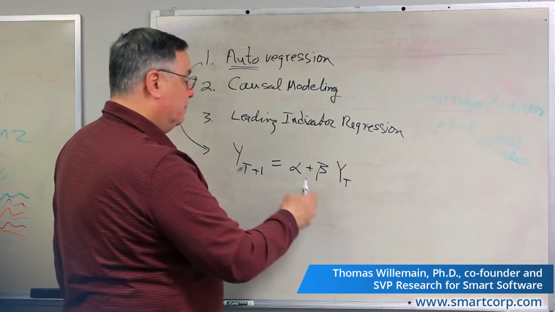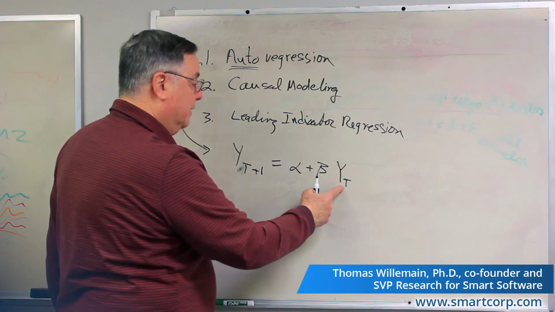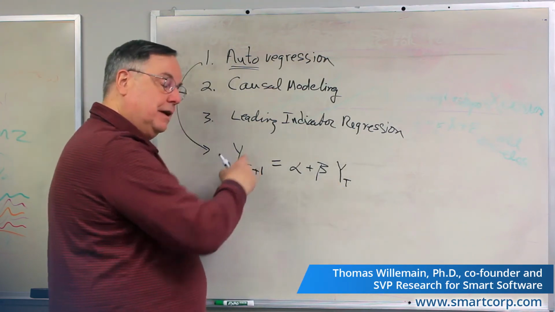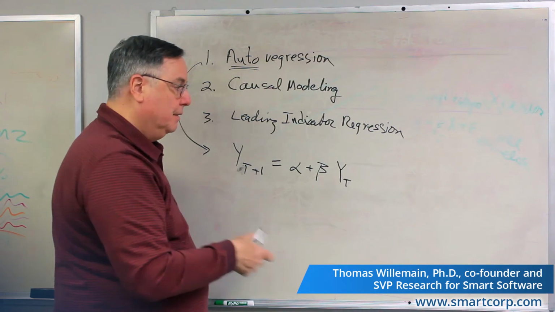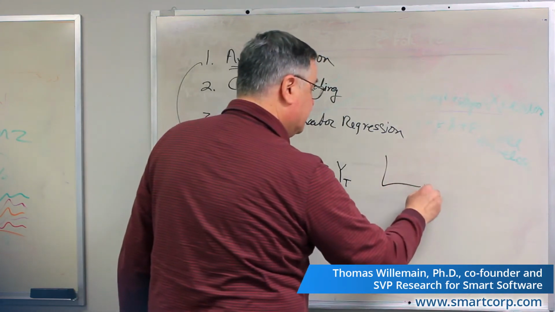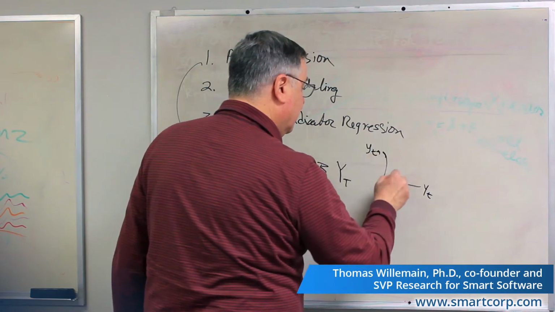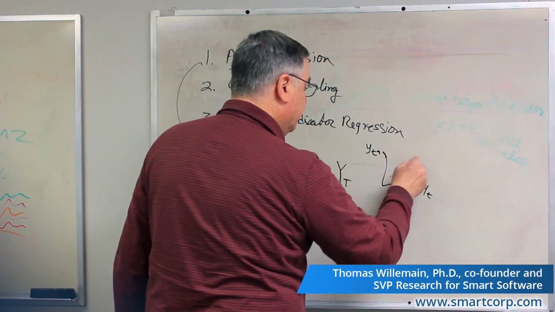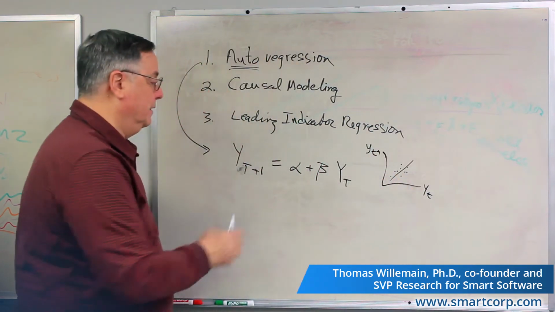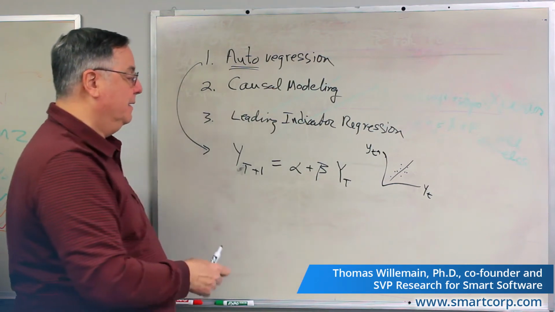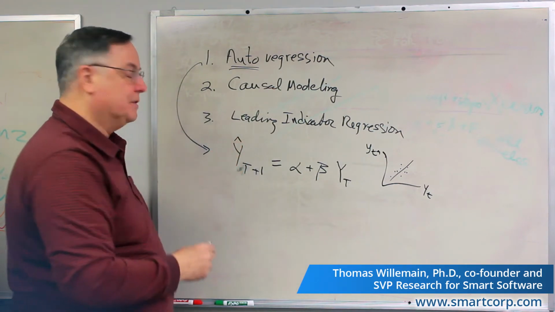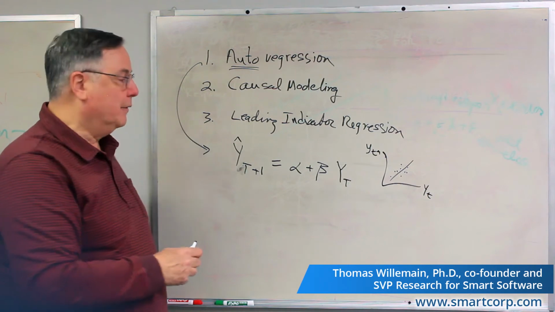So we would make our plot showing the data now and the data in the next observation. There would be some sort of a relationship like this. Here's t and t plus 1. We would get this sort of plot. We would make the regression line, find the intercept alpha and the slope beta, and we would make our forecast this way. So that's very simple.